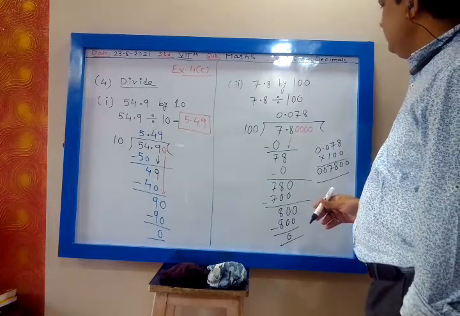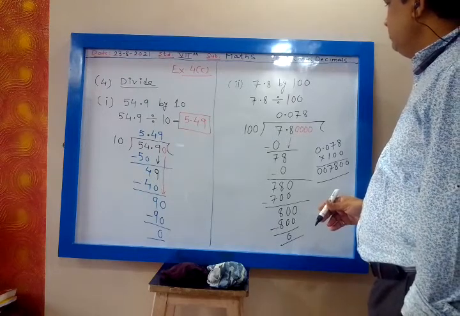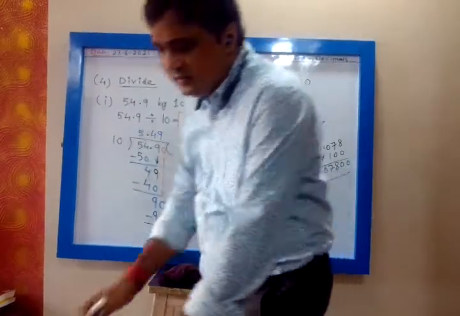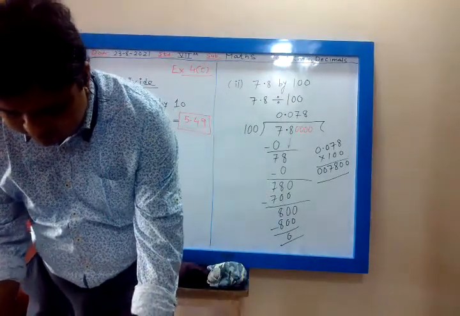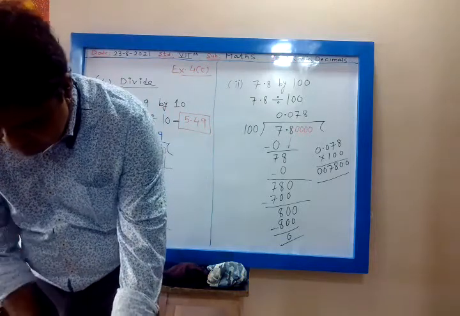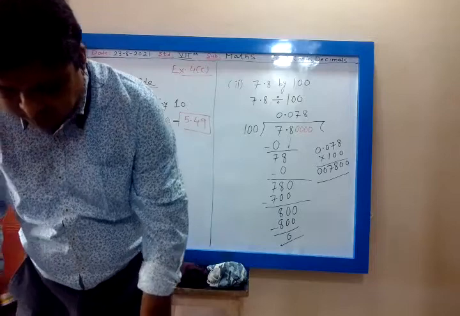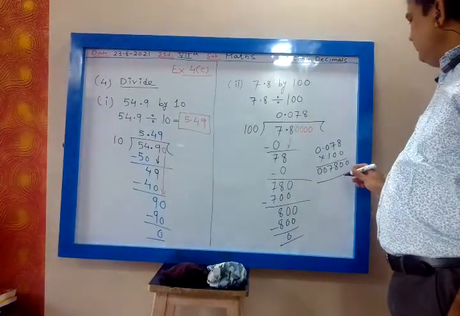So 7.8 divided by 100. So check the calculation. 7.8 divided by 100 is 0.078. Yes. Are you getting this?